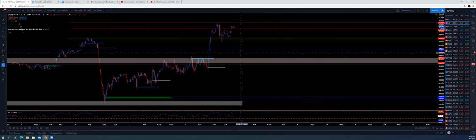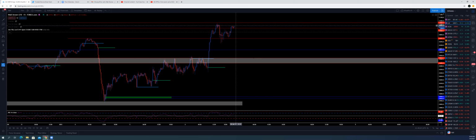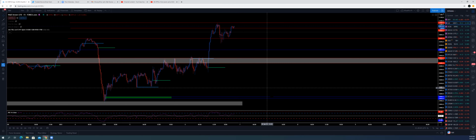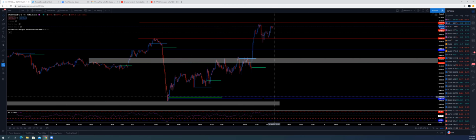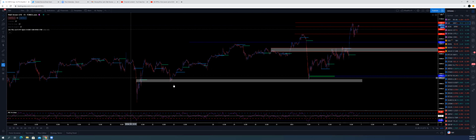As long as I don't see price close above that level, I'm going to be looking for selling opportunity to come back down and give me the retest of this zone, not that zone.